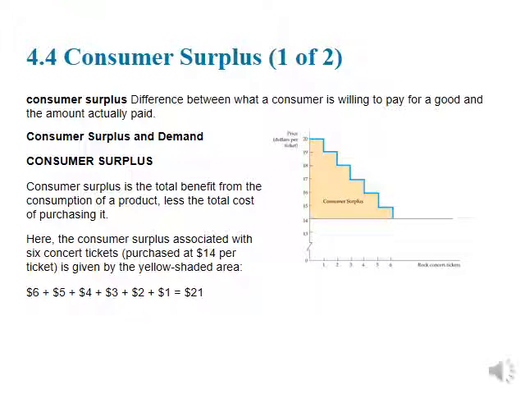So mathematically, consumer surplus is the total benefit from the consumption of a product. It's the difference between that demand curve and the market price. It's shown in this figure here as the yellow shaded area. And we get it by, in this case, summing up these vertical rectangles.